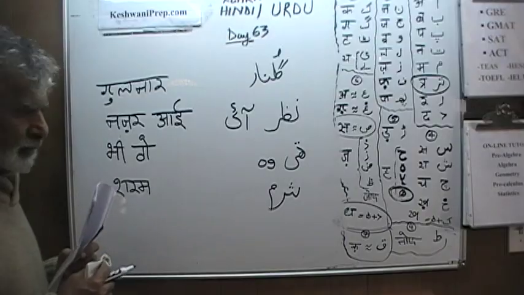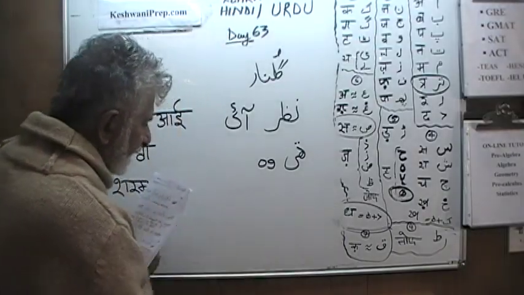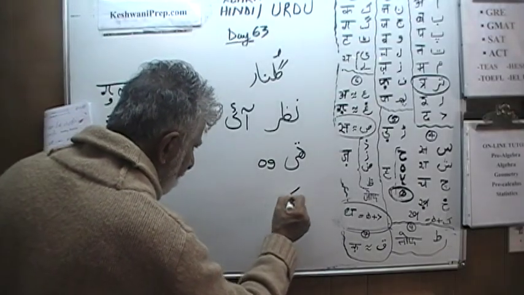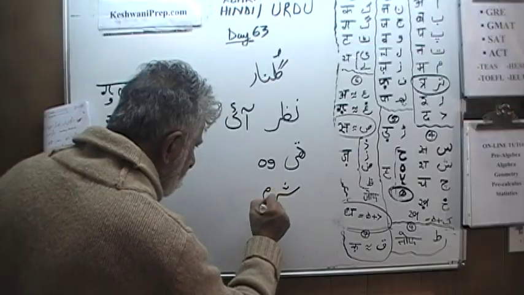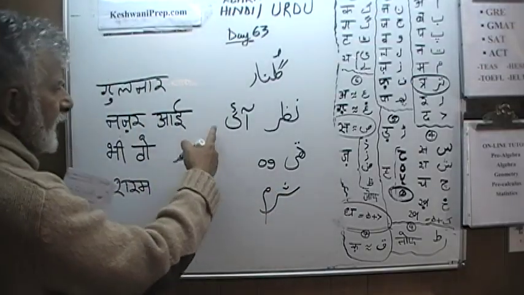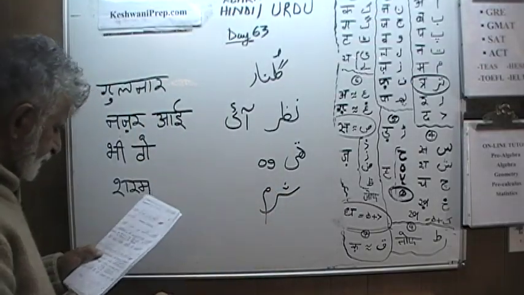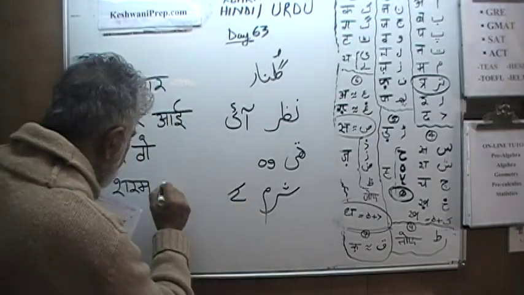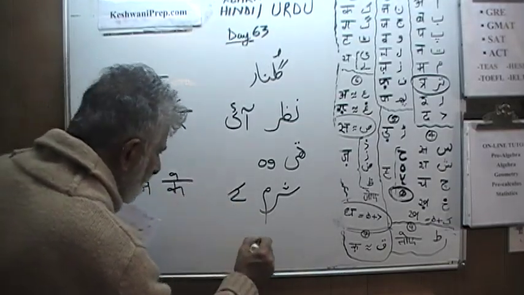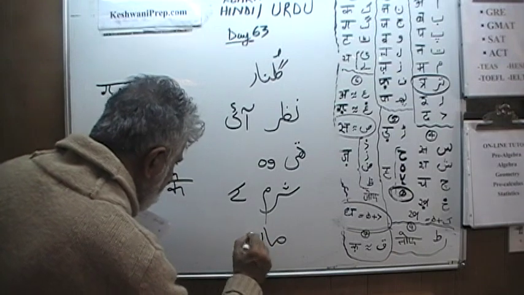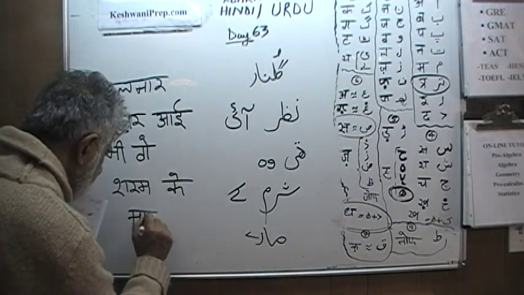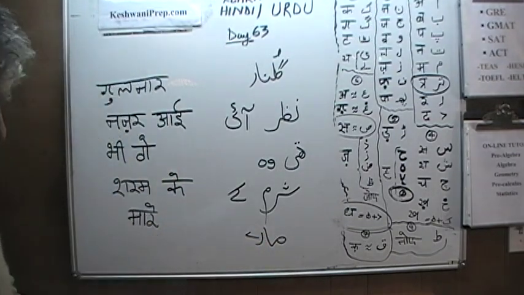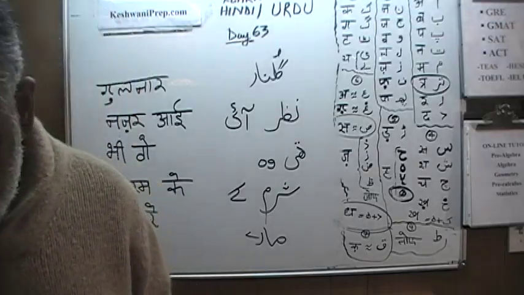Sharam. But most people will not write it like this. They will just do what I did before. Sharam. Gulnar nazar aayi thi wo sharam ke mare. Very good. Gulnar nazar aayi thi wo sharam ke mare.